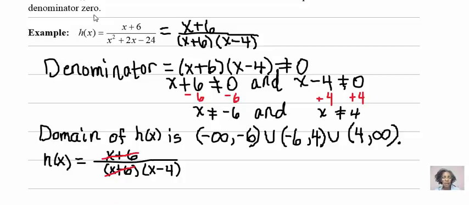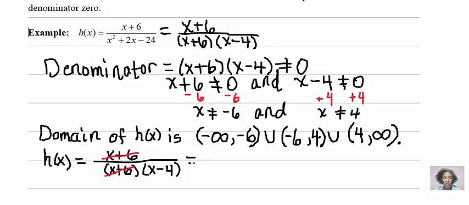That's actually not a good way to think about what you're doing. What you're actually doing is dividing. You're dividing the numerator by x plus 6 and the denominator by x plus 6. And remember, you can only divide by x plus 6 if it's not 0.